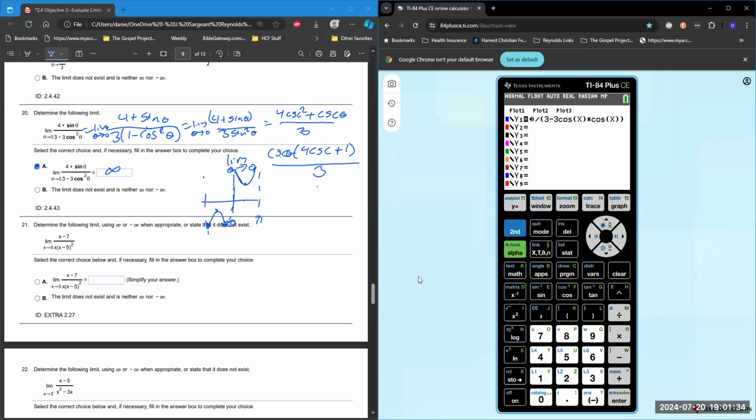Close that up. And we're going to graph. And you can see that as I approach 0 from either side, I'm going to positive infinity there, right? Coming at 5 here, this is a negative over a positive. It's going to be a negative.